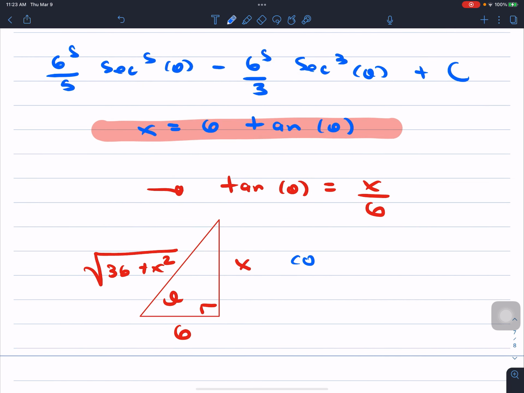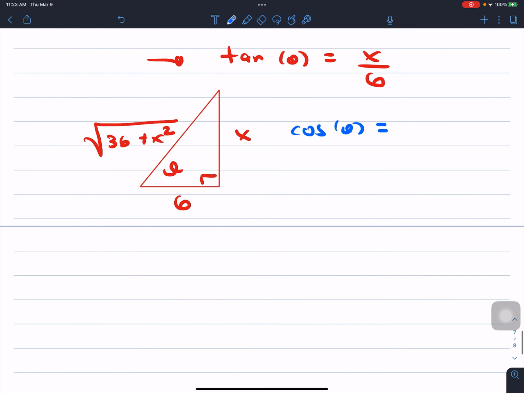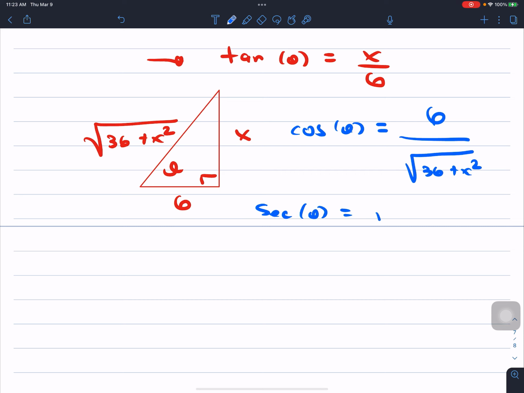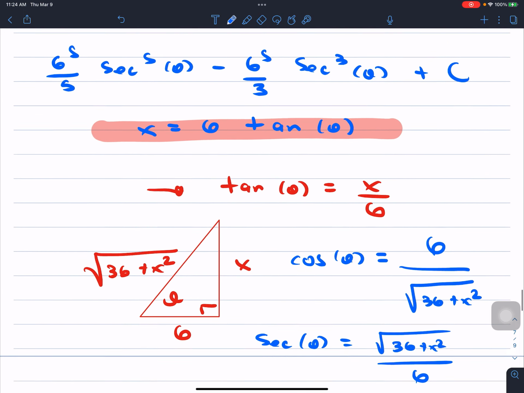You know what I do? I think, what's cosine? Cosine, by definition, is adjacent over hypotenuse. Is that right? What is secant going to be then? It's the reciprocal. Just flip that fraction over.